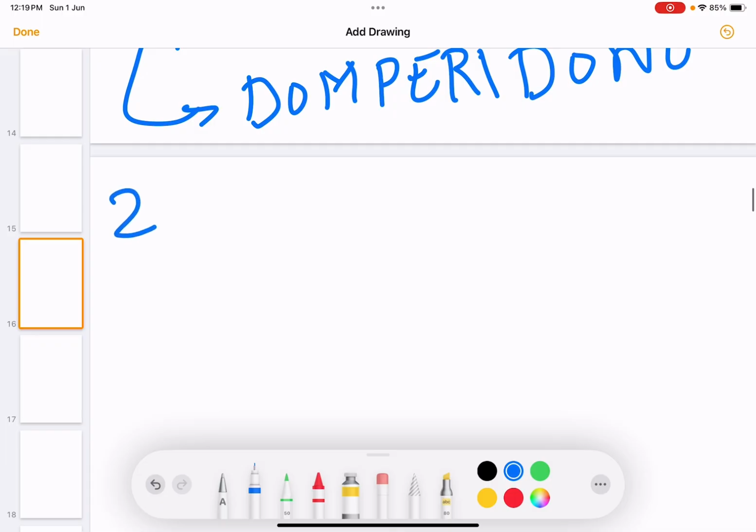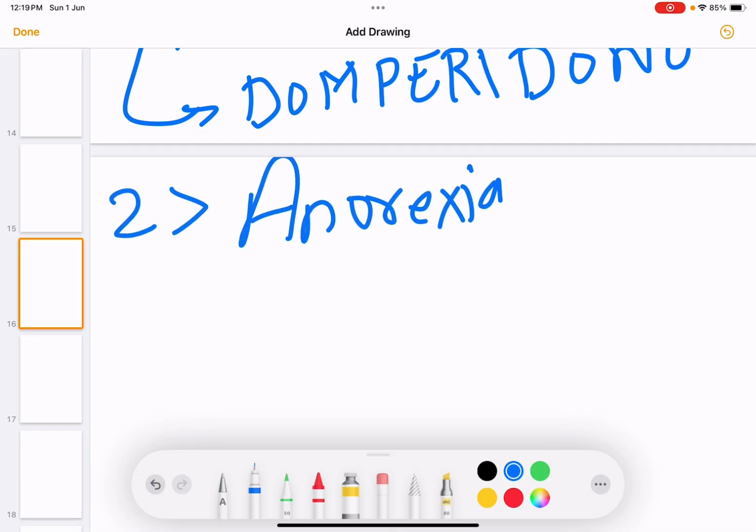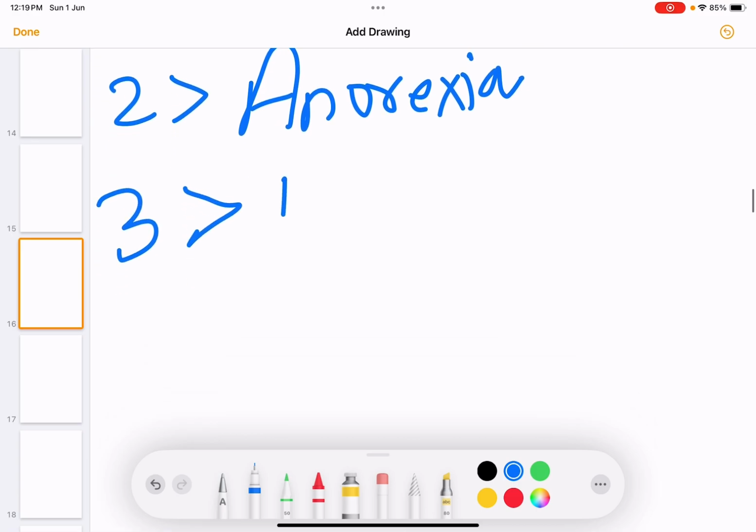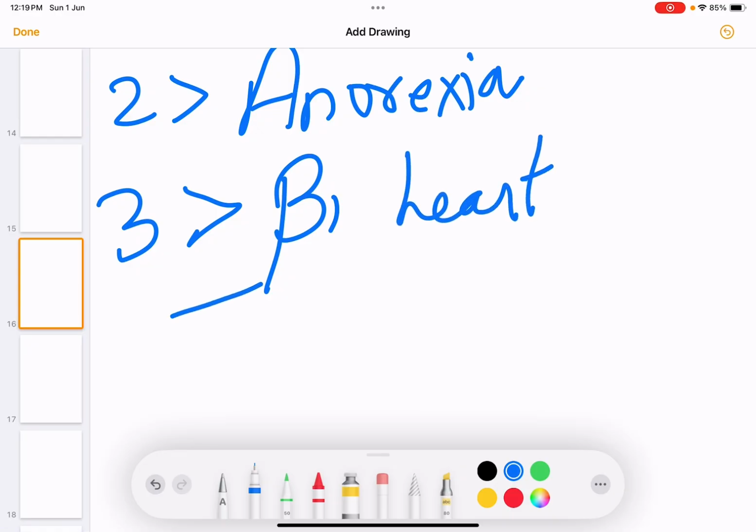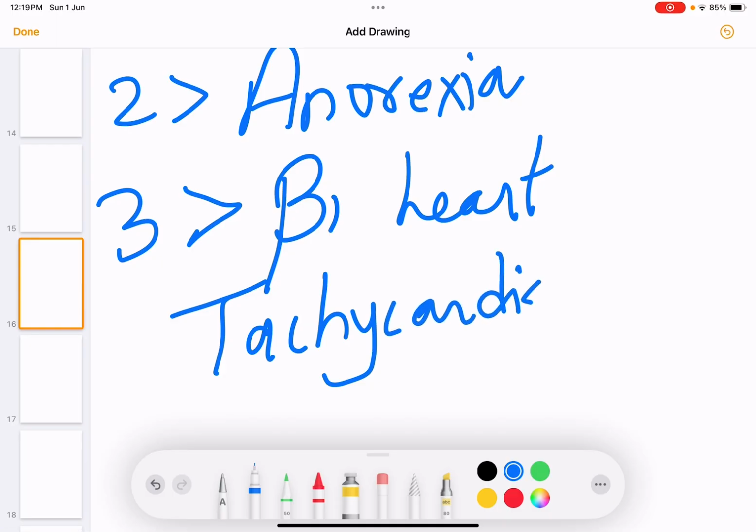Now the second adverse effect is anorexia. Third adverse effect is that dopamine acts on beta 1 receptors in heart and it can cause tachycardia and arrhythmias.